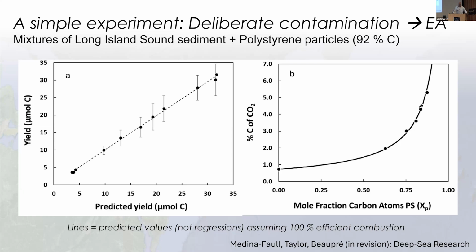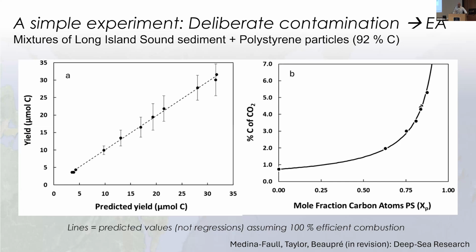So the first thing is, do the predictions and the observations match? Which is sort of how I do science. I like to try to calculate or predict a number that will be observed, or vice versa. On the left, we're looking at the yield of carbon from these mixtures of plastic and sediment, and the actual yield that's measured in the dots with the error bars.